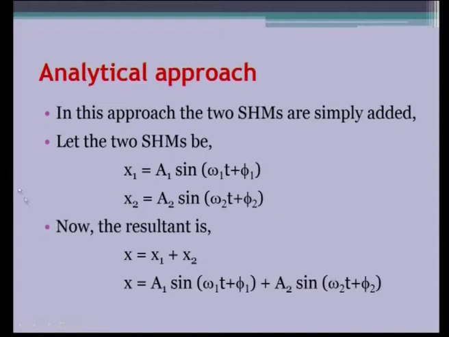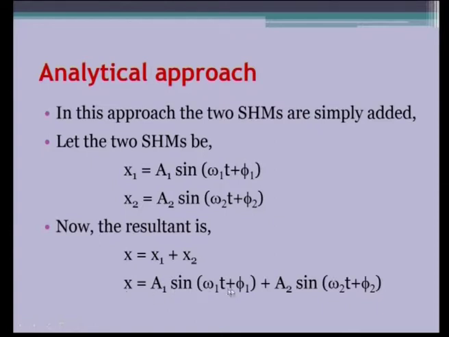The second SHM is also represented here, which has the displacement x2 with amplitude A2, angular frequency omega 2 and phase phi 2. Now, to find the resultant of the two SHMs, the combination, we simply add: x is equal to x1 plus x2.